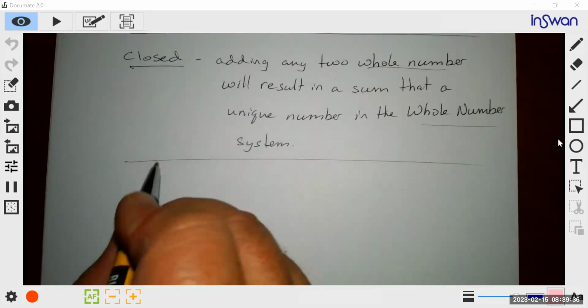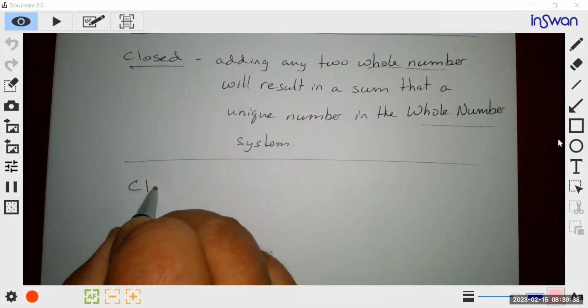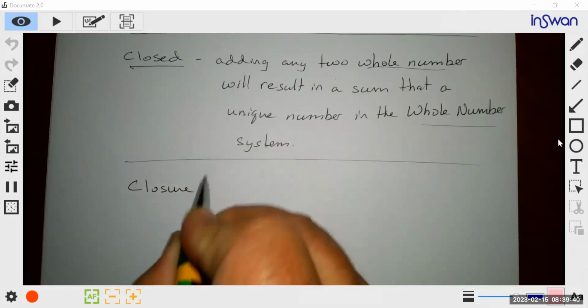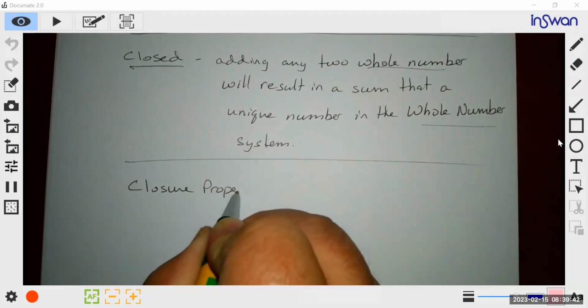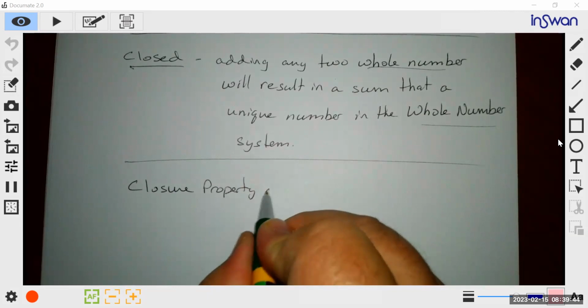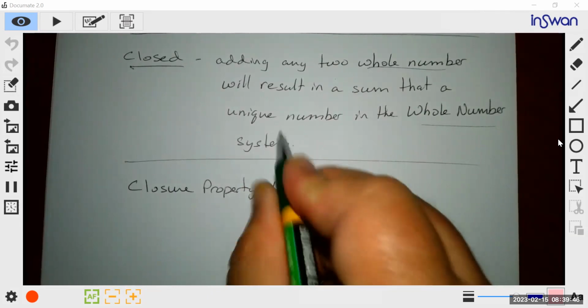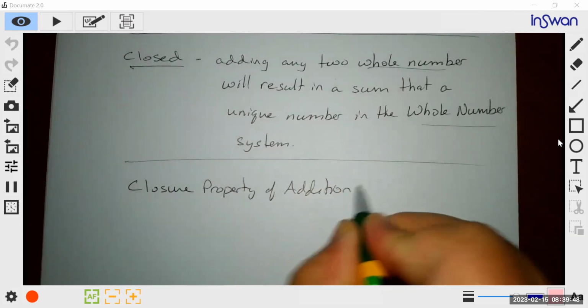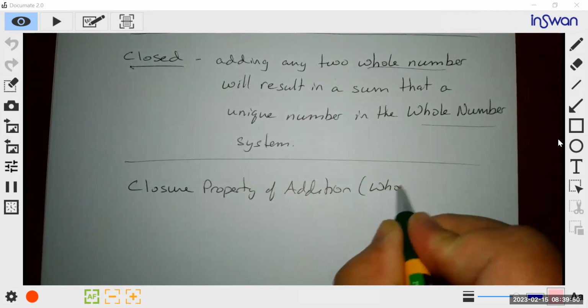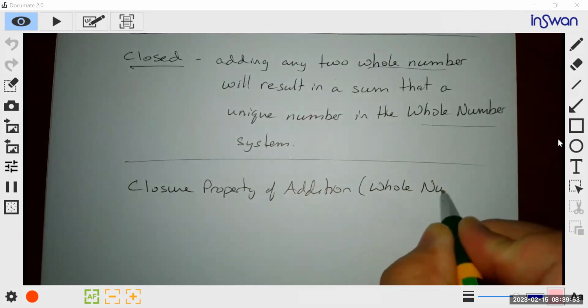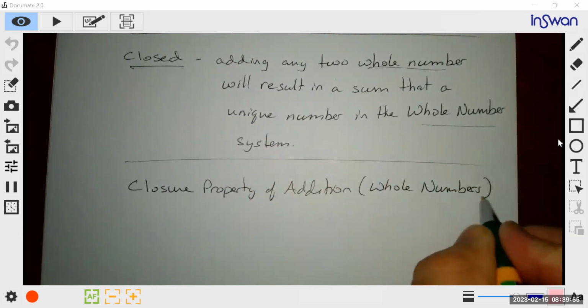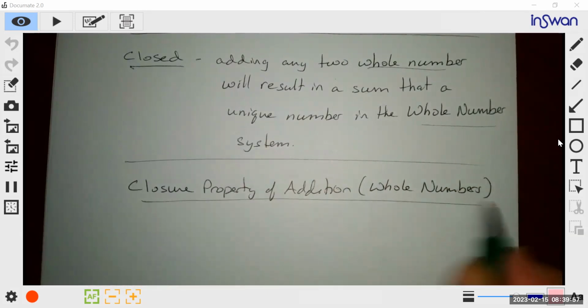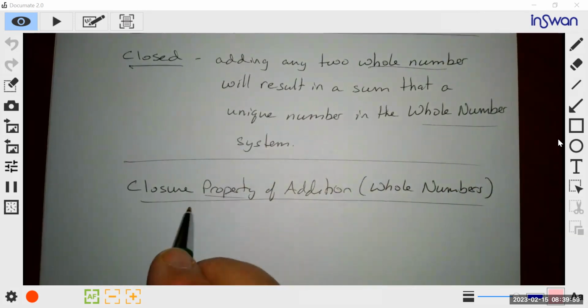All right. Here's the closure property of the addition of whole numbers. This is the actual property now.